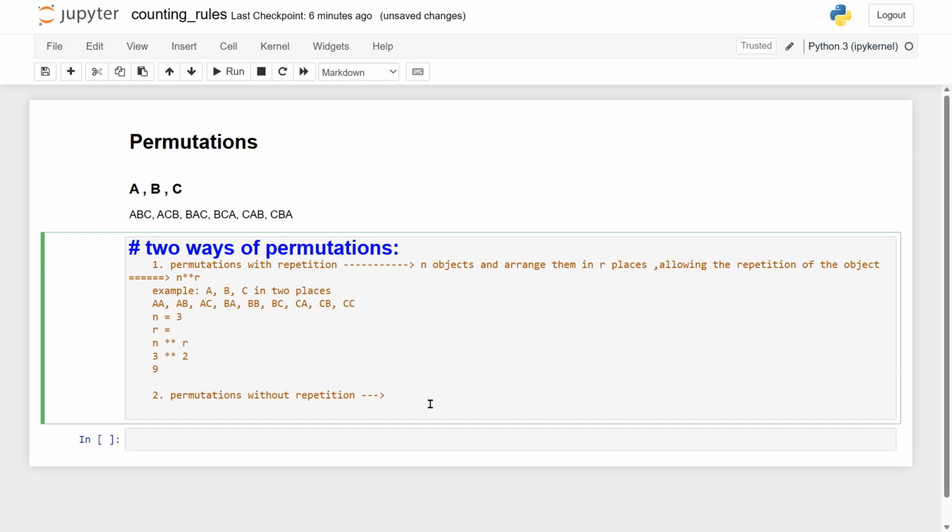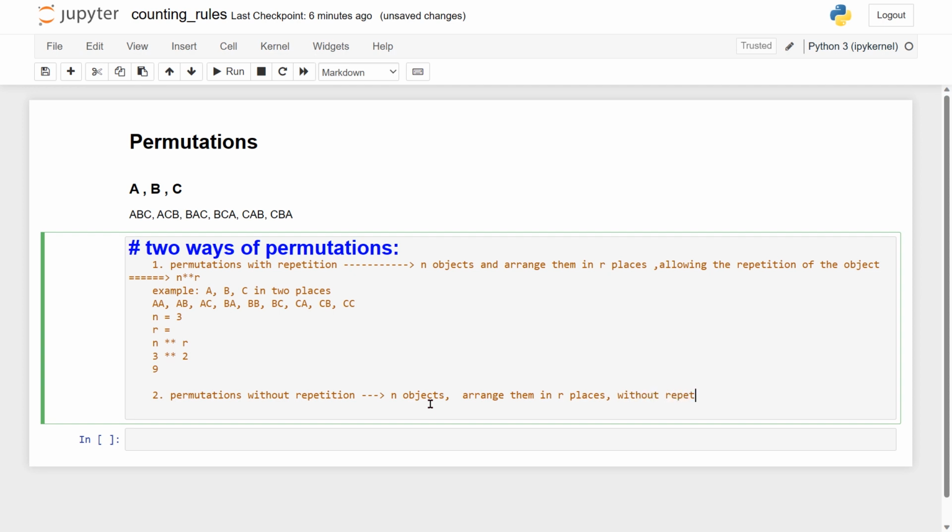So permutation without a repetition. In this case, we have n objects again, and we want to arrange them in r places without a repetition.